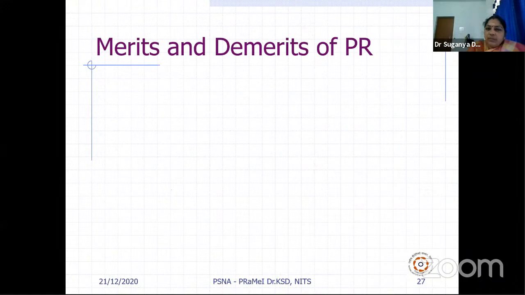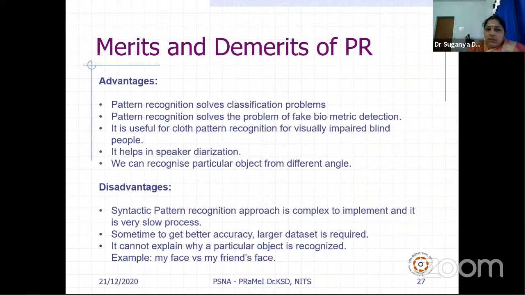So what are the merits and demerits of pattern recognition? The advantages, obviously: pattern recognition solves classification problems, and it solves the problem of fake biometric detection. Not only fake biometric detection, but also in visually impaired blind people, speaker diarization, and even in NLP. Now, NLP, on par with image processing, natural language processing is also booming.